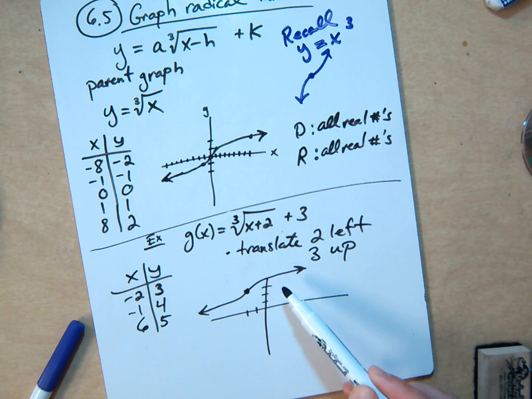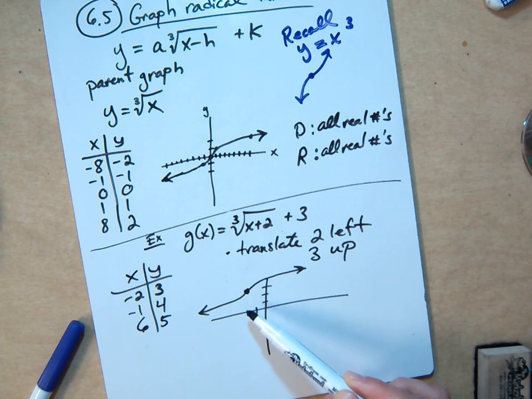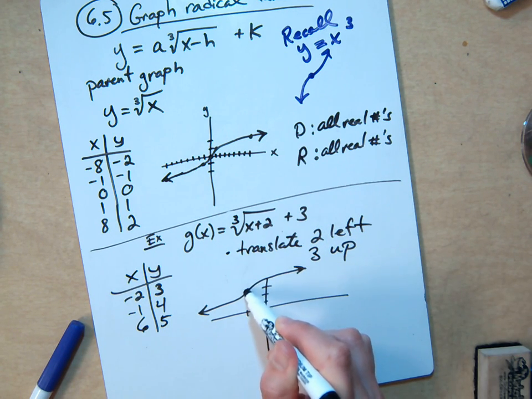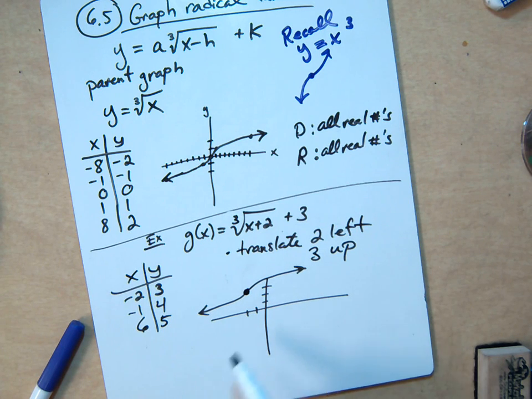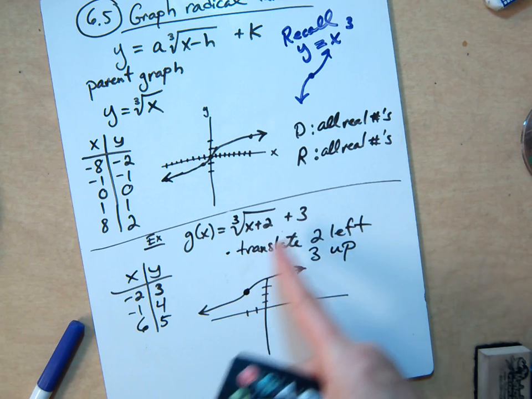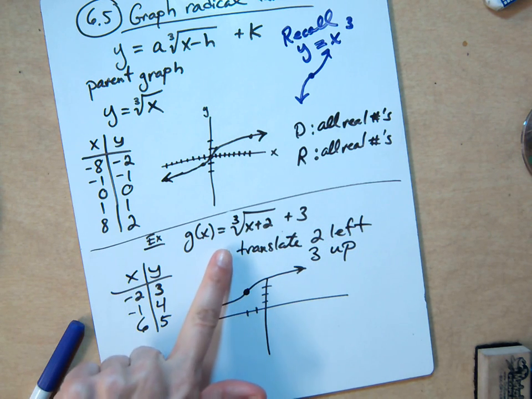You shift it to the left 2 and up 3, and there's my new graph. On a test or homework, I want to actually plot more specific points, but you can see ahead of time quickly what the new graph looks like if you understand the effect of A, H, and K. A is just 1 in this case. It doesn't do anything.